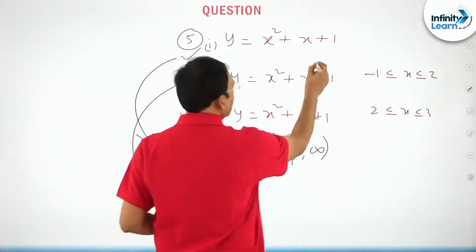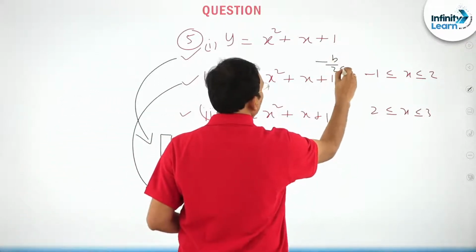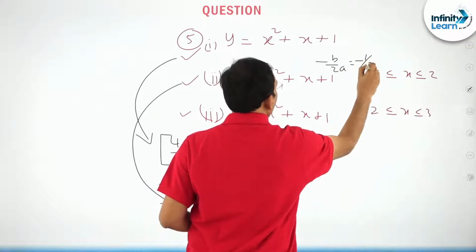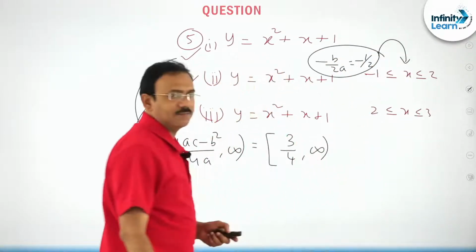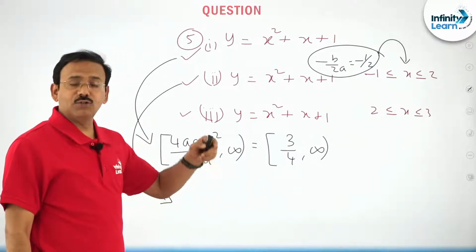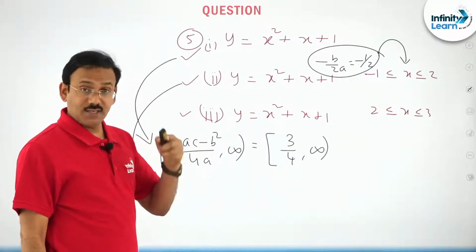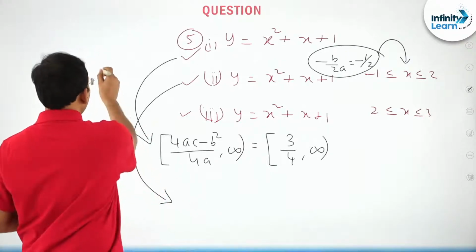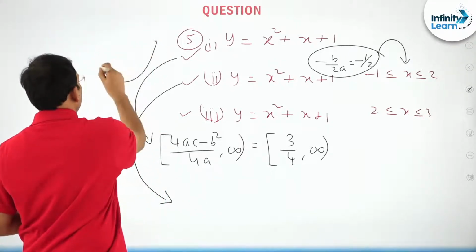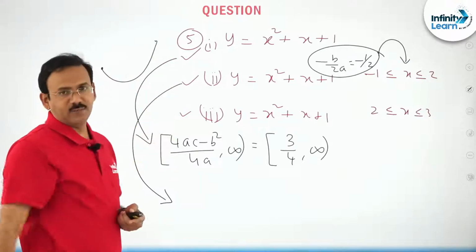You just check minus b by 2a, which is minus 1 by 2. Does it belong to the restricted region or not? Yes, it belongs. If it belongs, that means the graph would be some part of the parabola including the turning point.